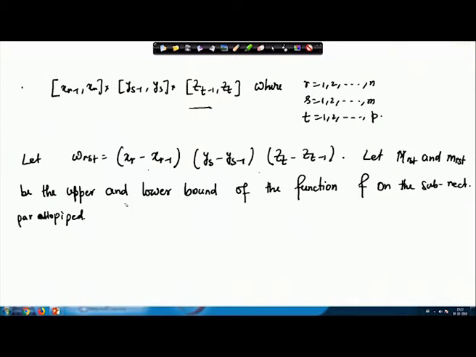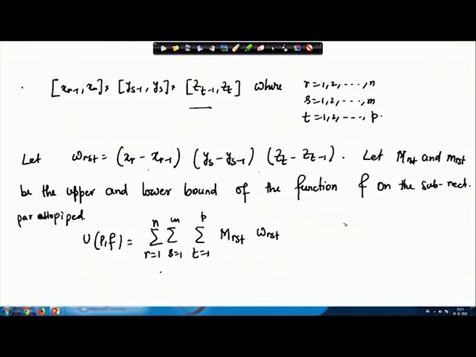All right. So now that we have denoted the upper bound and lower bound, I can write my upper integral sum, which is UPF, which is basically the sum of all the upper bounds. So, I was going to write the whole thing together, but let us write it separately. Sum r running from 1 to n, s running from 1 to m and t running from 1 to p, capital MRST times WRST.